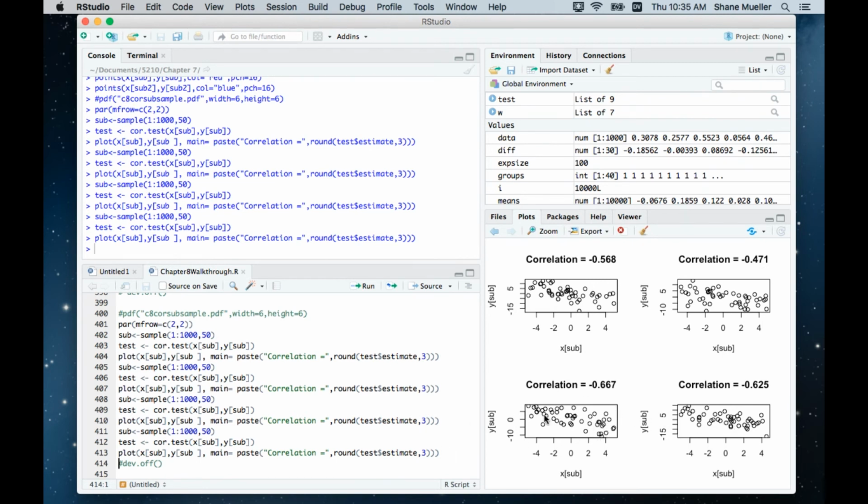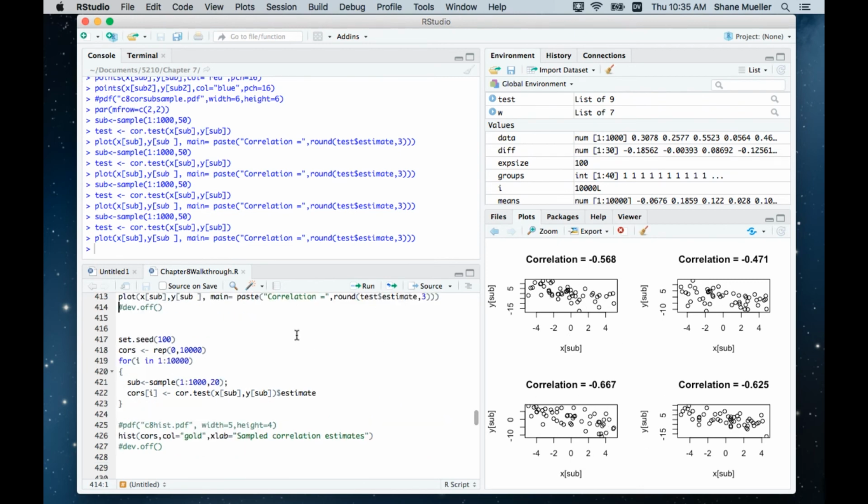So it really depends on how many things you're sampling, and you should understand how variable it can be, even if you have 50 observations. Even with 50 observations, you can be pretty confident that if there's a positive correlation, you're going to see it, but your confidence interval around those is going to be fairly large.